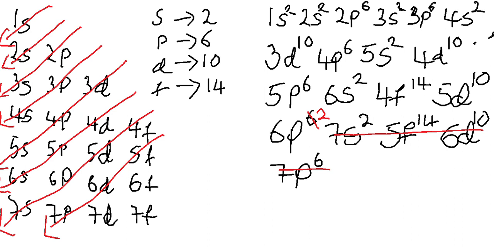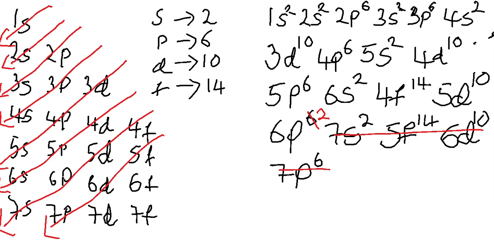Furthermore, there is something called abbreviated electron configuration. Abbreviated electron configuration looks at the noble gas preceding the element for which you are trying to write the electron configuration. So let's say I am trying to write down the electron configuration of an atom with 42 electrons.